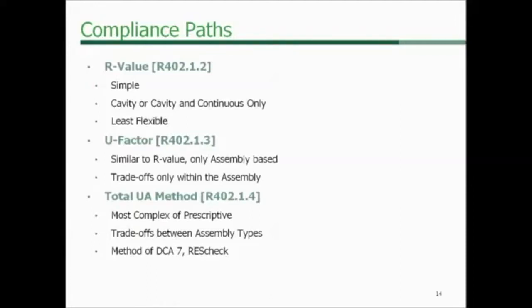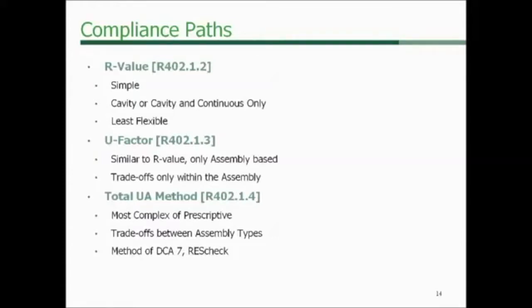The 3 prescriptive paths are the R value path, which is very simple, and it's cavity and continuous insulation focused. As long as you have enough insulation in there, you're fine. It just says, I don't care about anything else, just put enough insulation in. It's the least flexible though. If you do anything out of the ordinary, you're stuck. You probably can't use that table.